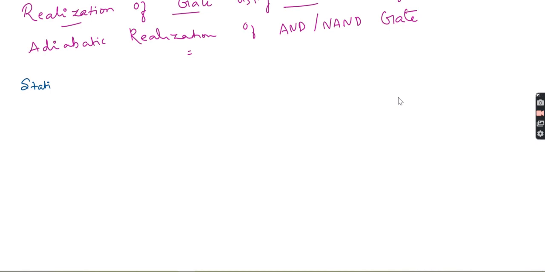First you draw the static CMOS NAND gate. It is a two input gate you can consider. The top will be your PMOS. The PMOS of the NAND gate will be parallel in structure. Then NMOS series in structure.